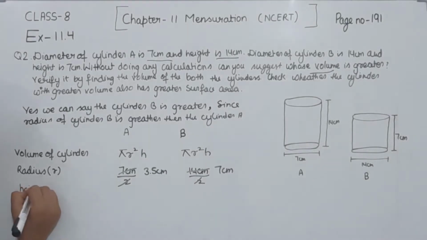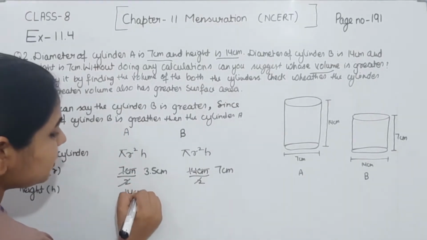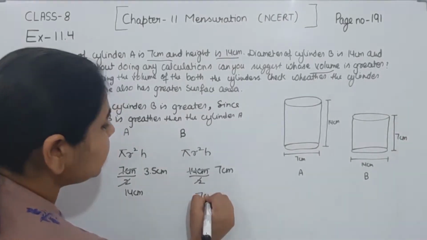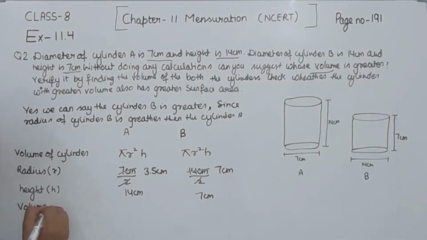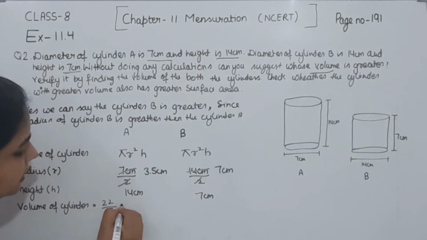Now the height. The height for cylinder A is 14 centimeter and for cylinder B is 7 centimeter. Now we'll find the volume of the cylinder. The value of pi is 22/7.